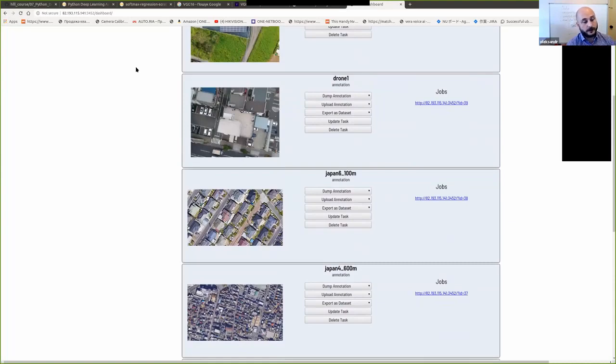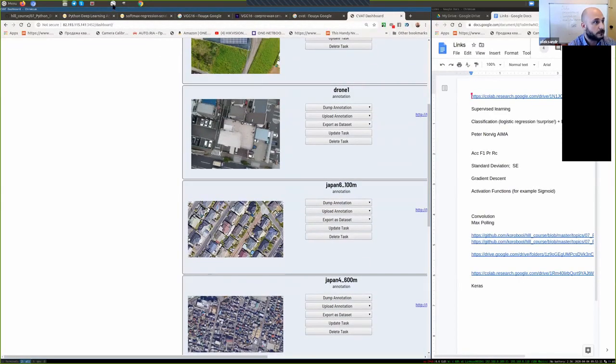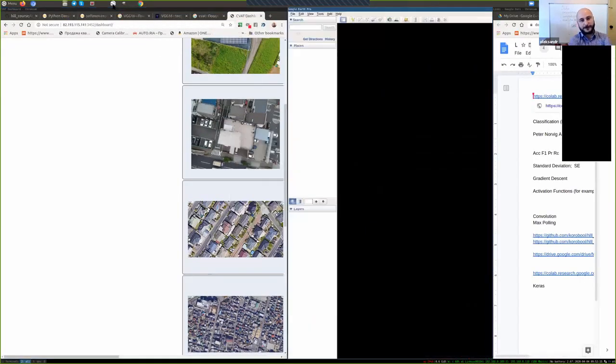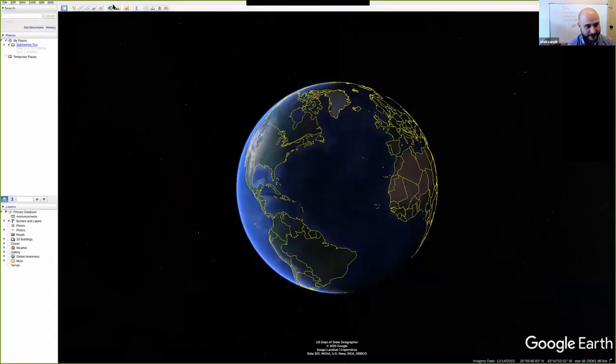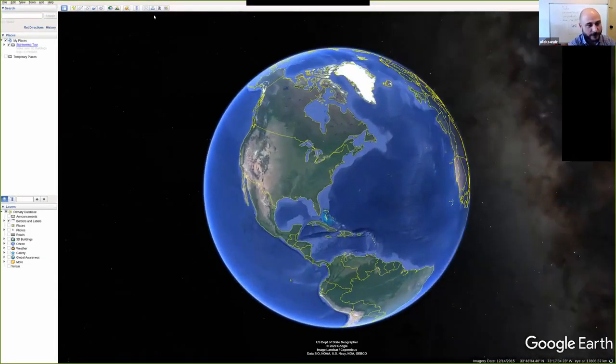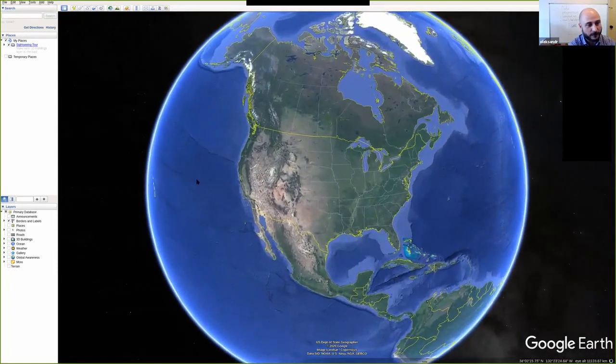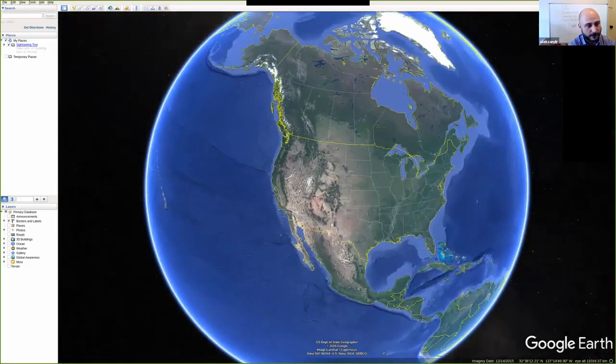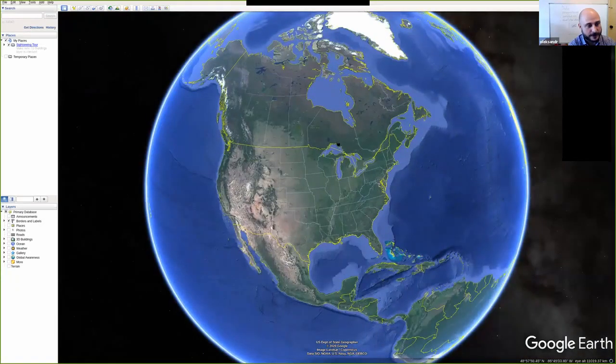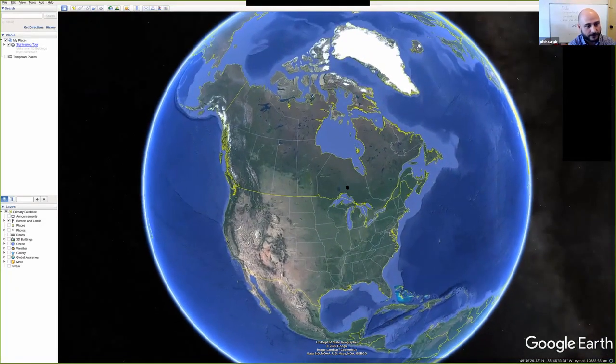So in order to run a data annotation process, we need to take some data that are not annotated. And for that, we could use even something like Google Earth. You should remember this software. Nobody uses it anymore because we have Google Maps in the web browser, but let's take some place in Canada.